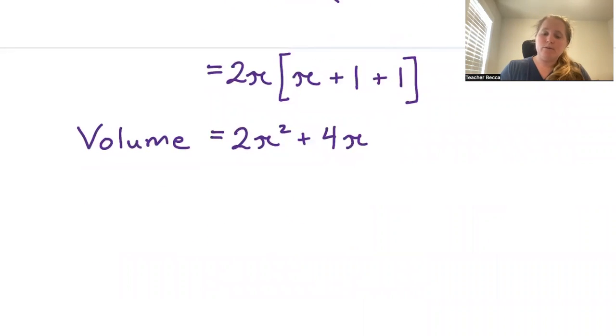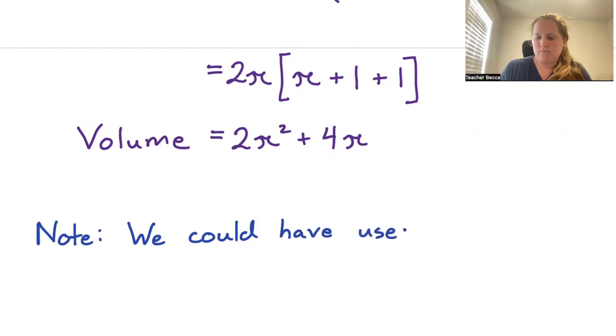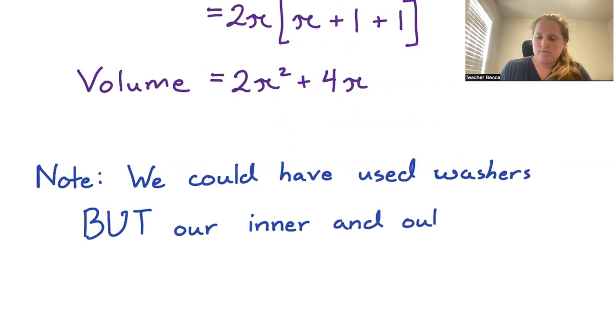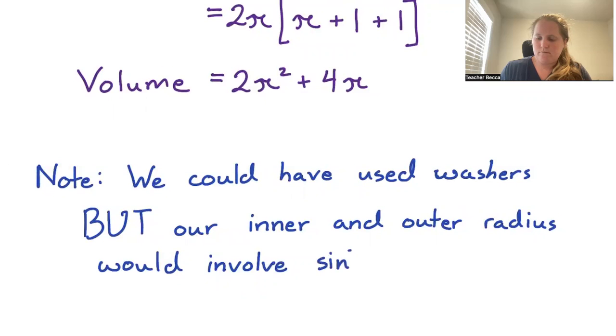Again, note, we could have used washers, but our inner and outer radius would have involved sine inverse. Sine inverse of x in order to put our radii in terms of x, sine inverse of y in order to put our radii in terms of y.